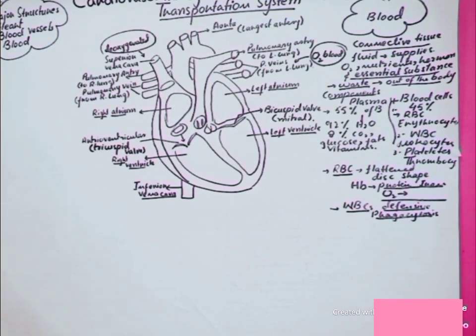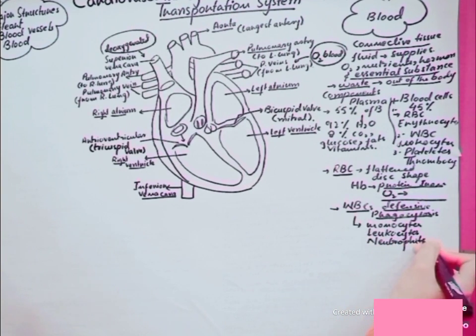The WBCs are of types: lymphocytes, neutrophils, basophils, and eosinophils.